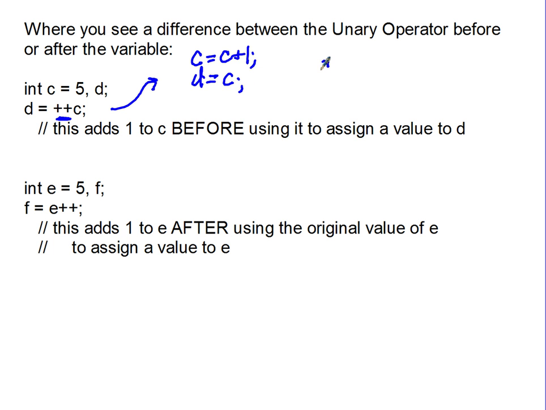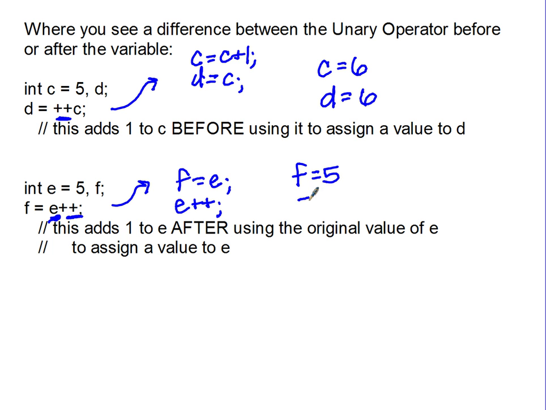So the first thing that will happen, we'll see C is going to become 6, and then D is going to get the same value that C has, so D will also be 6. Now if I put the plus plus afterwards, that's like saying F equals E, and then I'm going to add to E. So because the plus plus comes after, I use the original value in E first. After I'm done using it, then I'm going to add 1 to it. So F will become 5, and E will become 6.